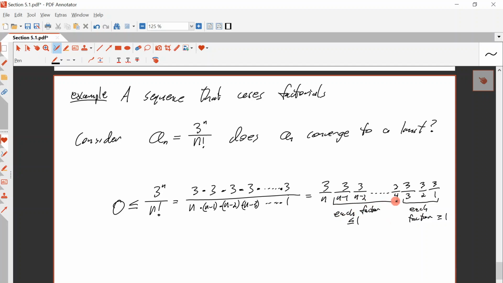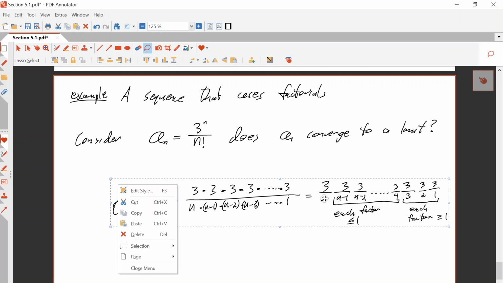So each factor here is less than 1. When you multiply by something less than 1, it makes it smaller. So what I'm going to do now is omit all those guys in there, and therefore this product only gets bigger.